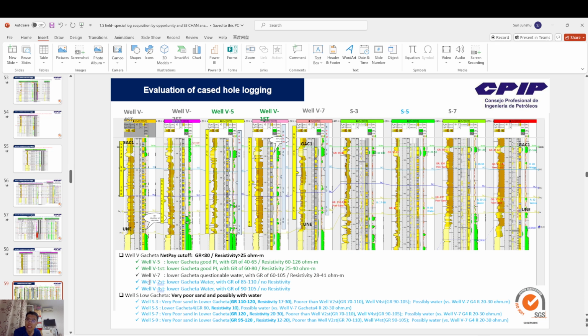Well V7 lower Gauge with questionable water. Gamma ray ranges from 60 to 105. Resistivity ranges from 28 to 41 ohm meter. V2 sidetrack.